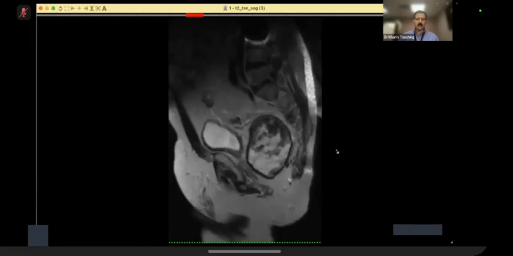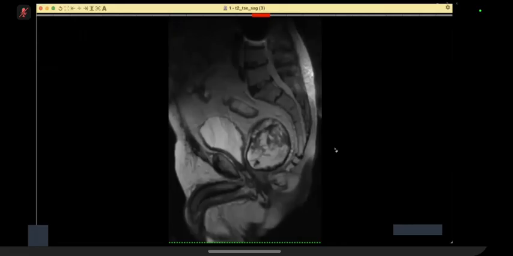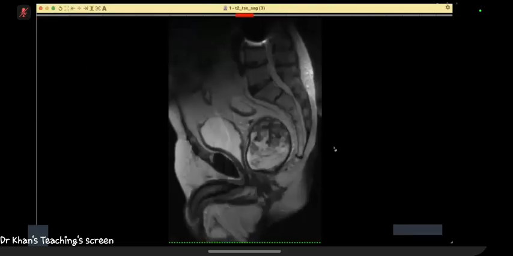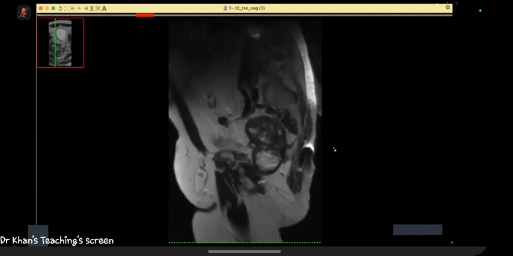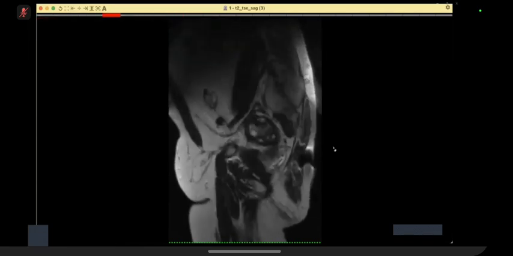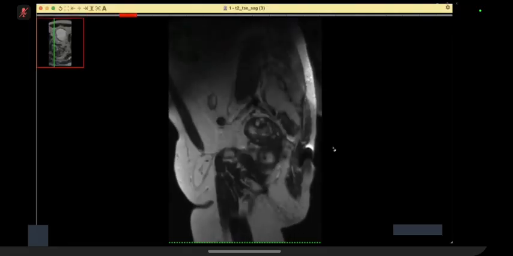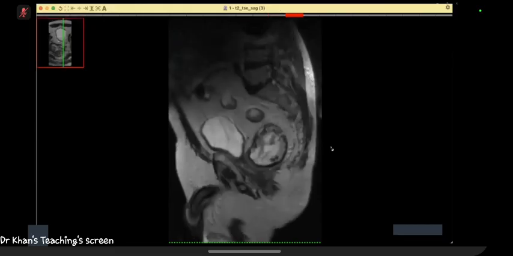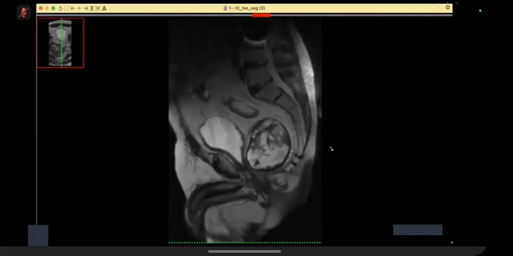Okay, look at this one. I have given you a sagittal. I think the lesion is away from the spinal cord and the foramina.